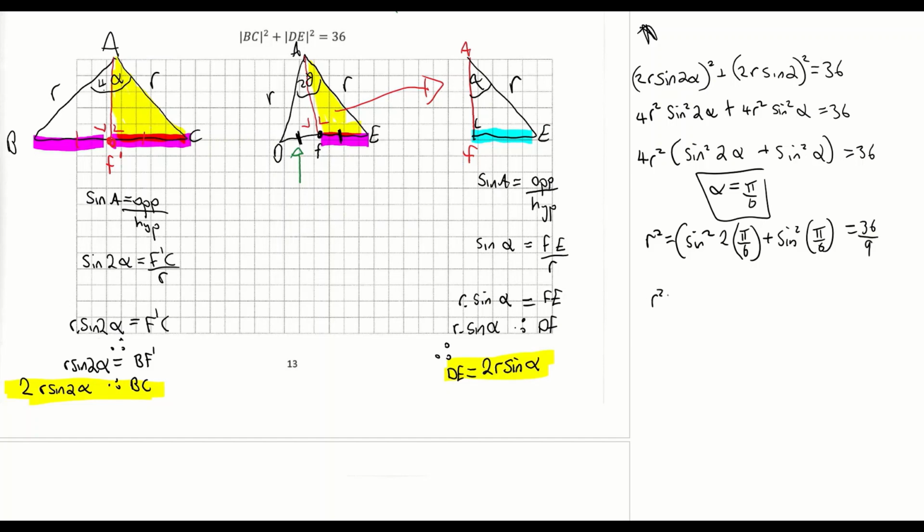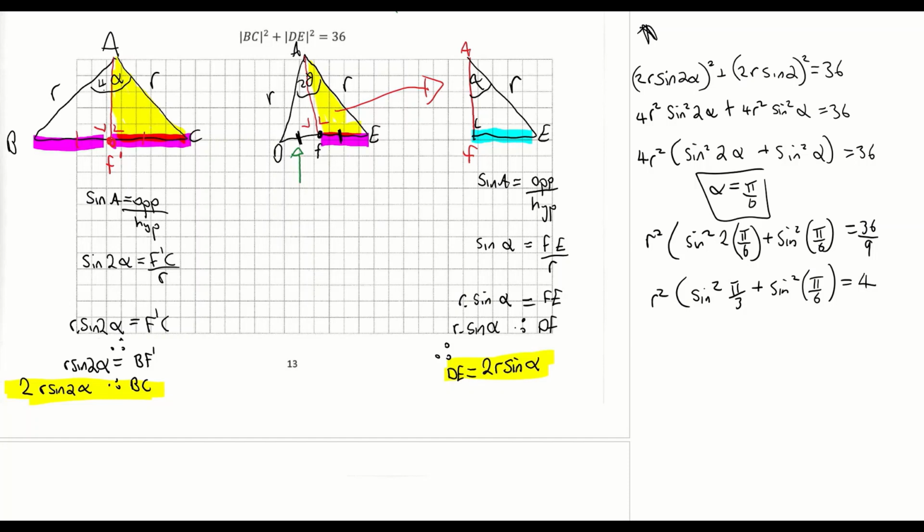So r squared, sorry, I shouldn't have an equal sign there, that's a multiplication, isn't it? Multiplied by the bracket. So I have r² times sin² of 2 by pi over 6, which is pi over 3, plus sin² pi over 6 equals 4.